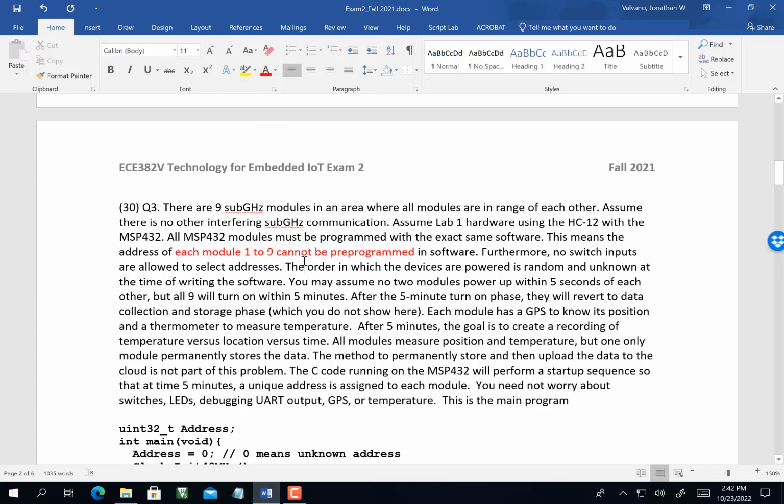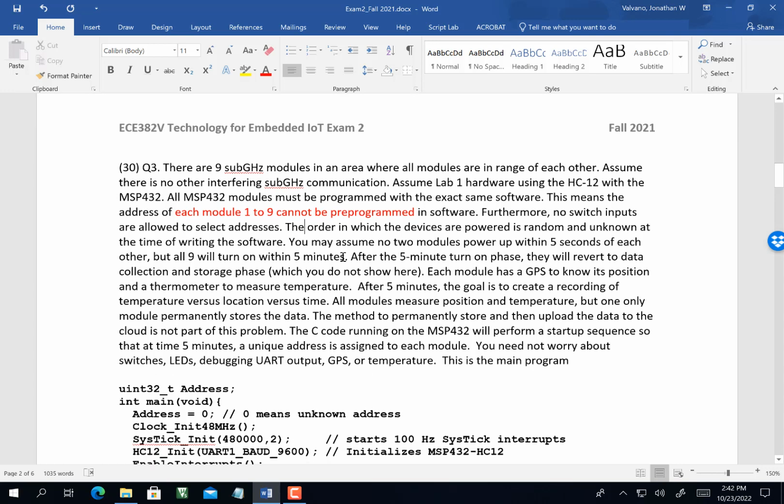The other notice is only 1 through 9 and not 10,000. We'll use that information. And the other is they all come up, but one will come up first. Okay, one will come up first, and then eventually within a certain amount of time they're all up.